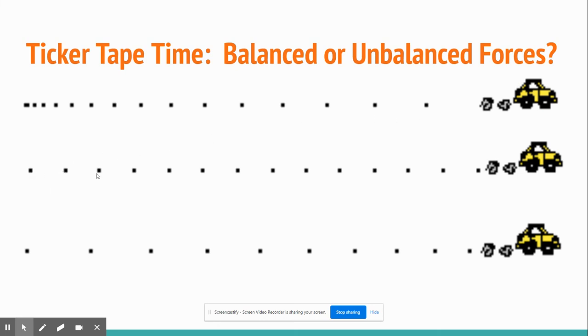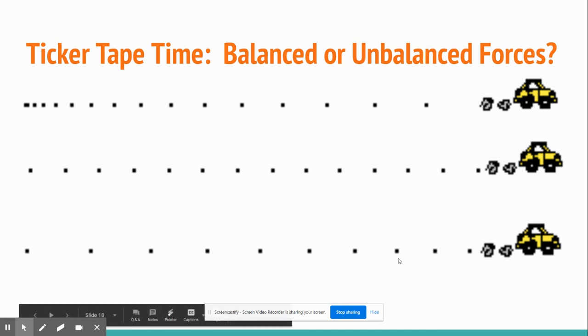This one is representing constant motion because there's an equal space in between them. And so since it's not speeding up or slowing down, and I'm going to assume not changing direction, this would represent balanced forces, no change in motion. This one I'm having to look at pretty closely, but it looks to me like they are getting closer together.